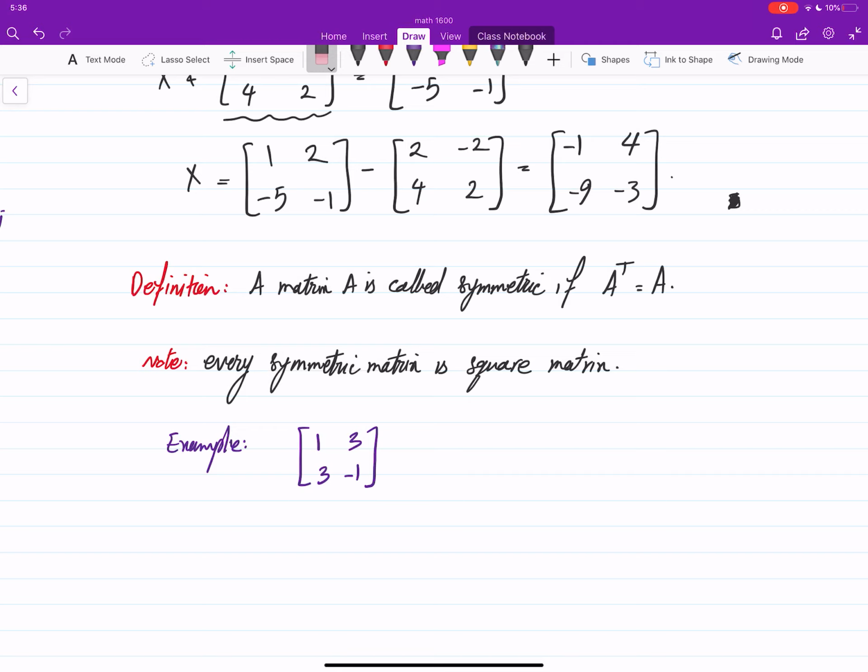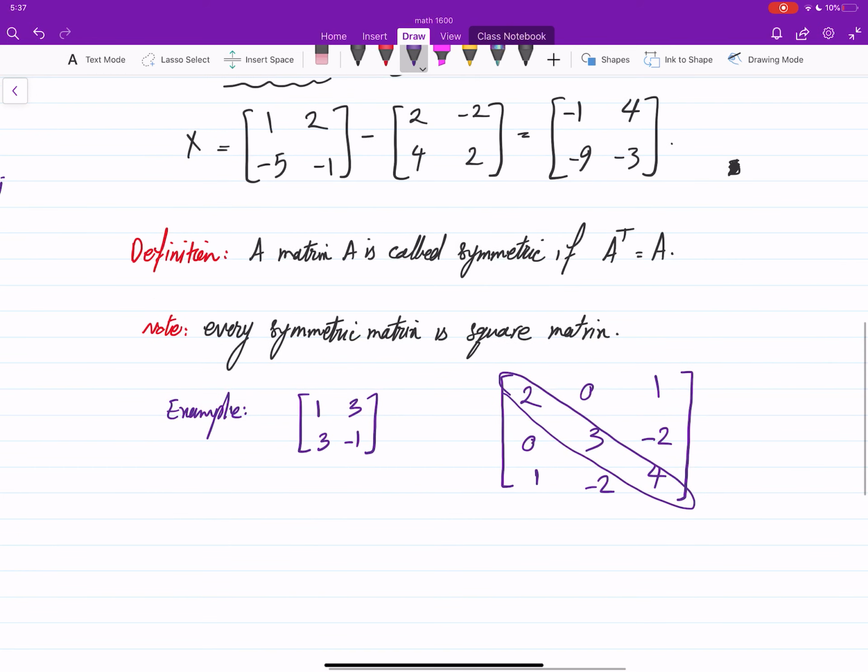Or you can have something like 2, 3, 4, and then up there whatever you like, 1, -2. But everything down here, as a reflection with respect to the main diagonal, you should get the same number. So 0 here, 1 here, and -2 here.